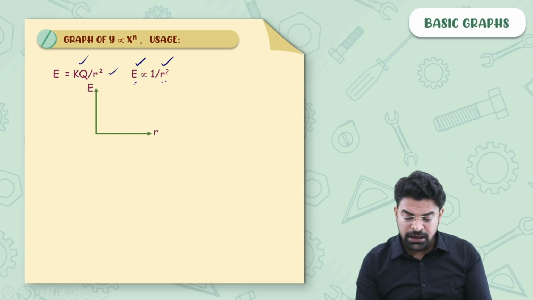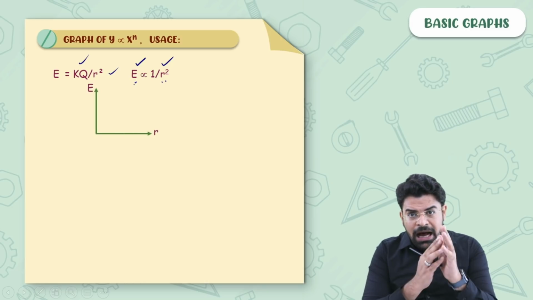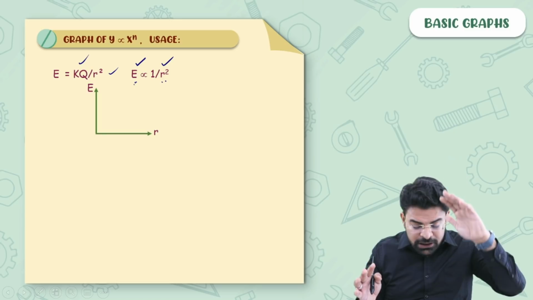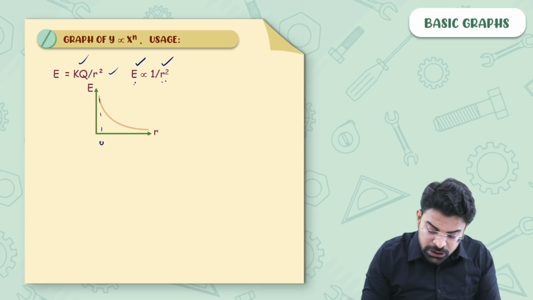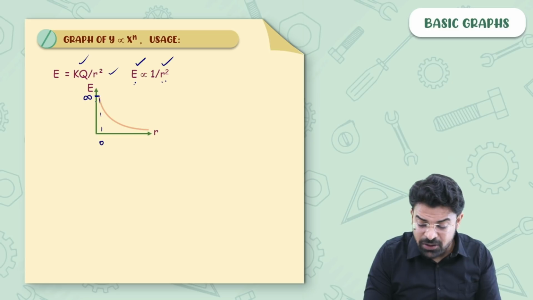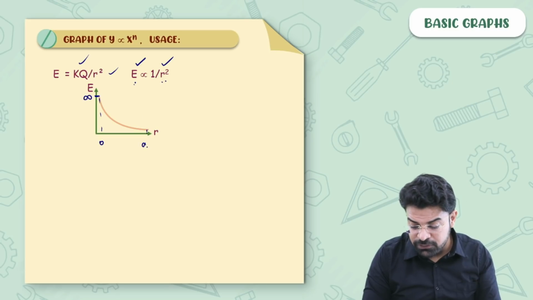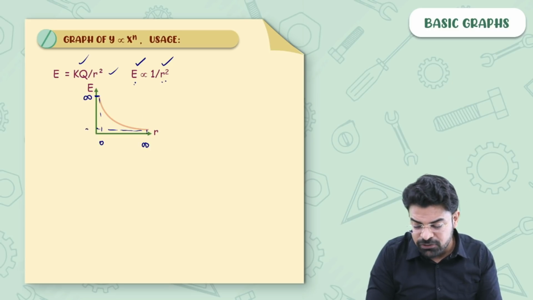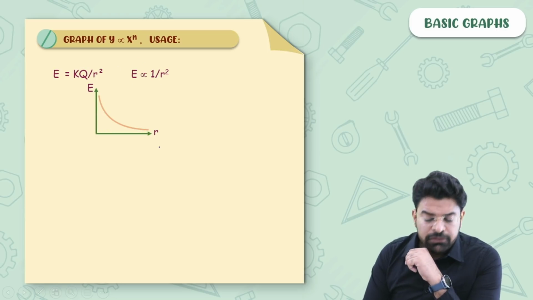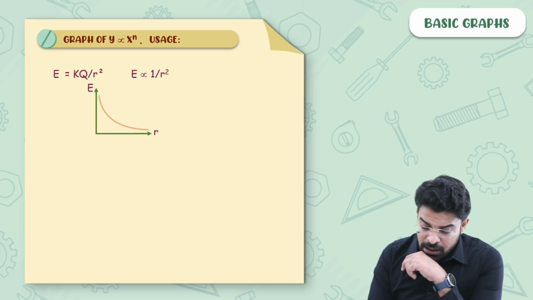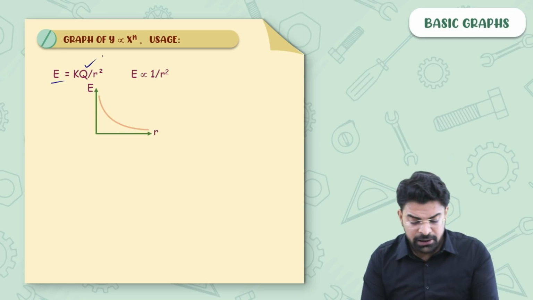So what will be the graph of E versus r? As r increases, electric field intensity keeps on decreasing. When r approaches 0, electric field intensity is kind of infinite, and when r becomes infinite, electric field intensity kind of becomes 0. So this is the graph for E equals kq by r square.